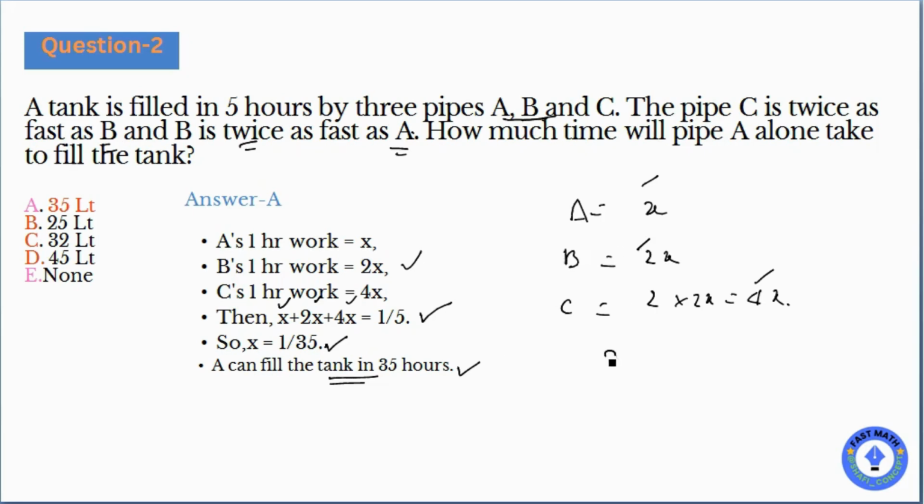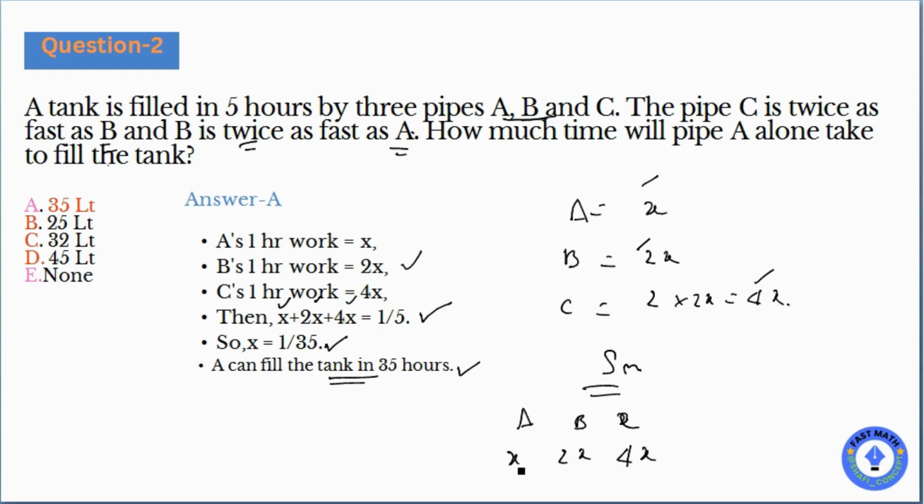Let's go to the shortest method for this problem. First of all, check the relations between A, B and C. A is x, B is 2x as per the assumption, and C is 4x.